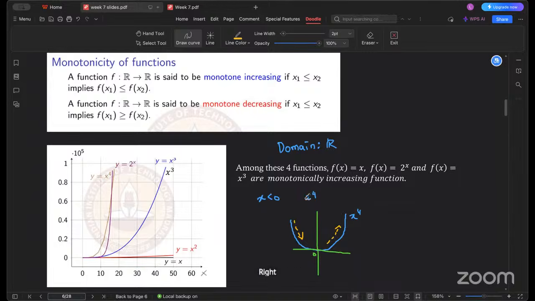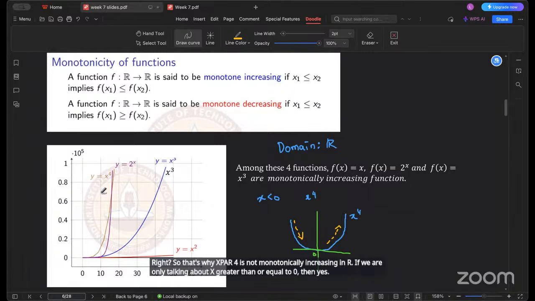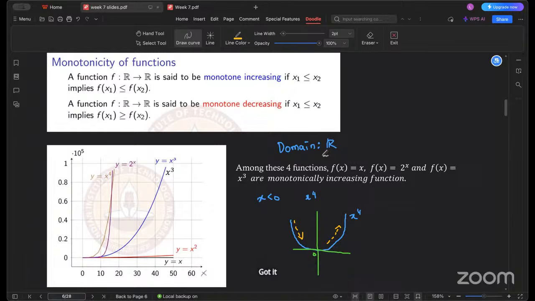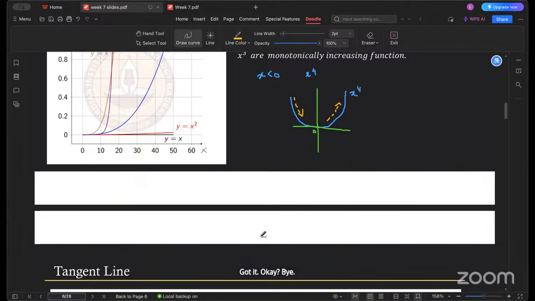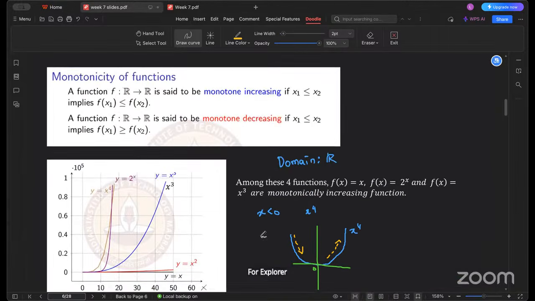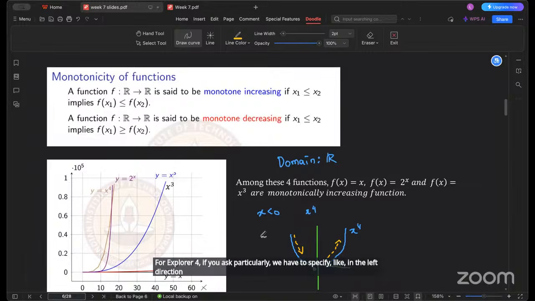Right? So that's why x power 4 is not monotonically increasing in R. If you are only talking about x greater than or equal to 0, then yes. If you are talking about whole R, then it's not monotonically increasing. Got it? Okay, fine. For x power 4, we have to specify that in the left direction it is decreasing and in the right it is increasing.